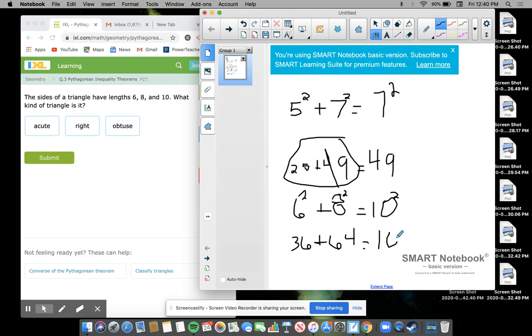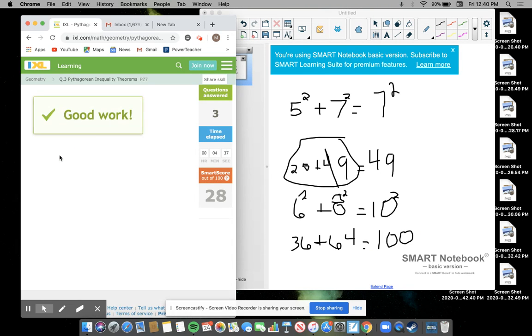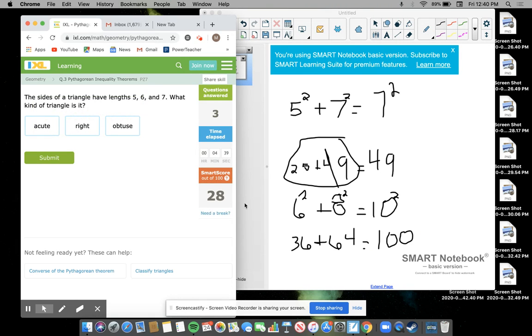If I add those on the left side, I get 100 equals 100. True statement. We know that if the Pythagorean theorem is true and there's no inequality, this is a right triangle. Okay? Also, you could have used your shortcut with 6, 8, and 10 and gone, oh, that's 3, 4, and 5, our Pythagorean triple just multiplied by 2, so it had to work. Okay?